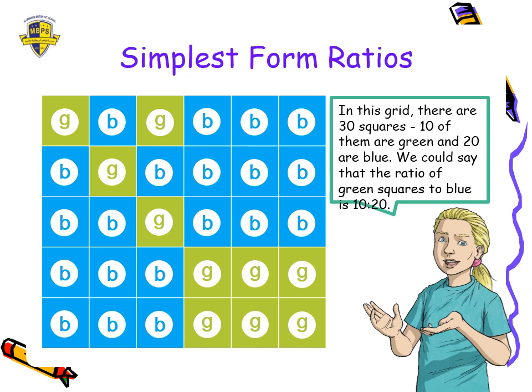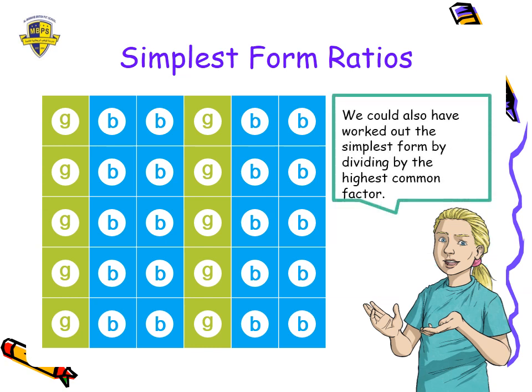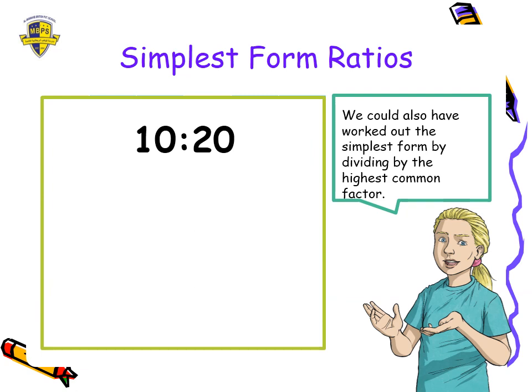Now grade 4, we want to think how can we write 10 to 20 in the simplest form. Good, by dividing. So here, who can tell me, we can divide it by what? By 10. Good. And why did you choose 10?